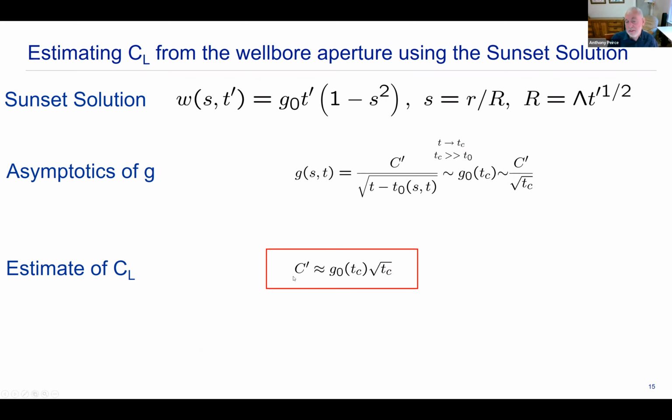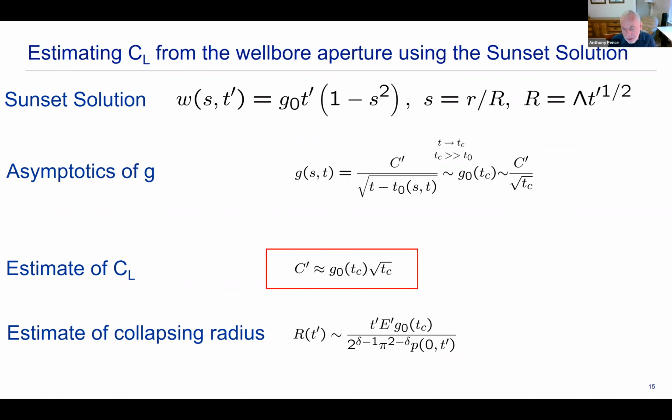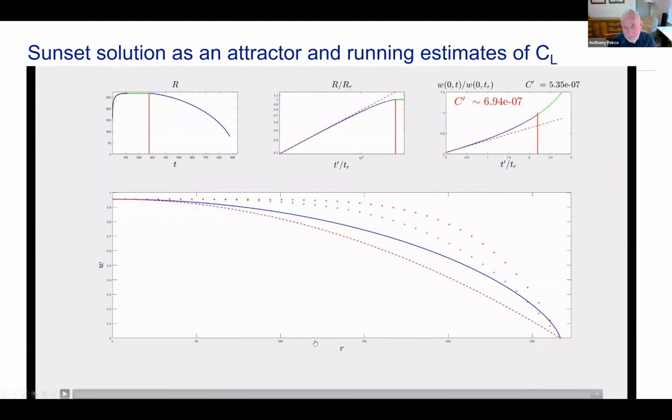This is assuming Carter leak-off, but I'm sure you could do it for other types of leak-off. All we've done is assume that the leak-off function is a function of time. If we had a trace of the pressure, then we could also get an estimate of the collapsing radius.